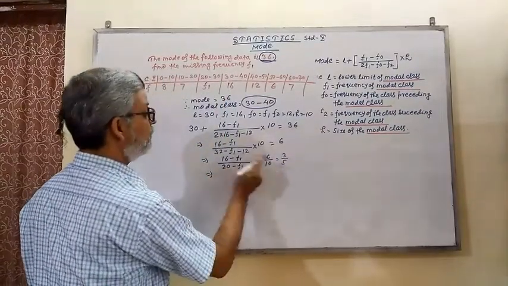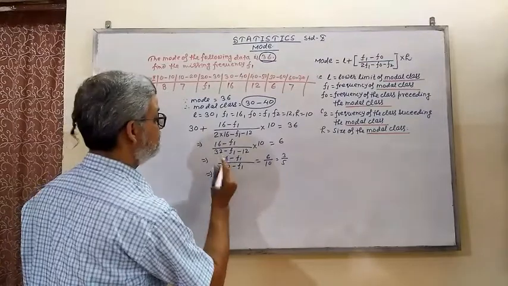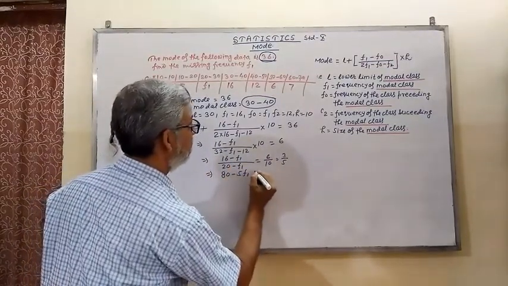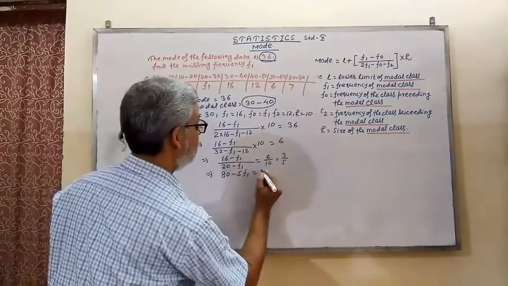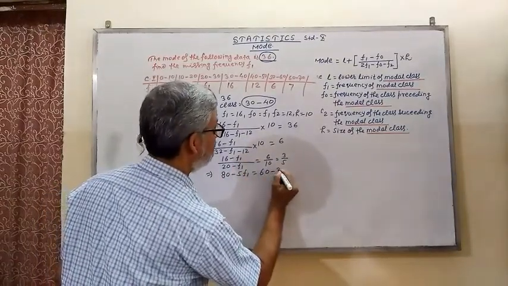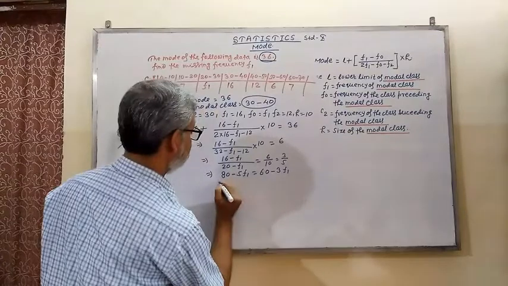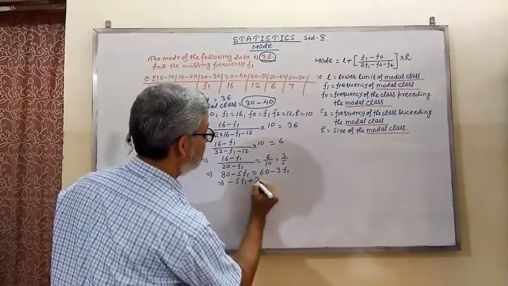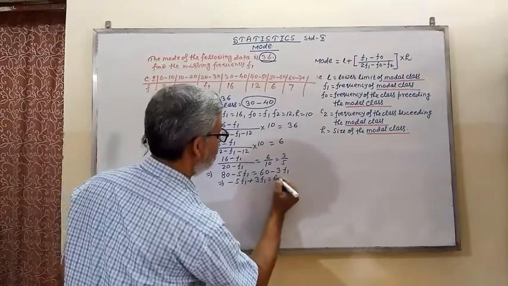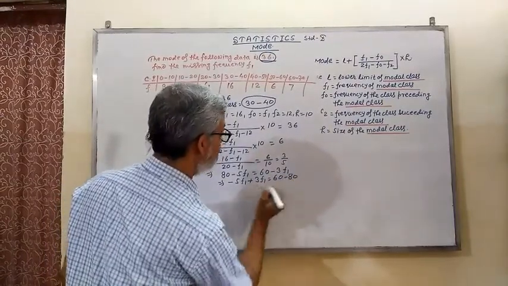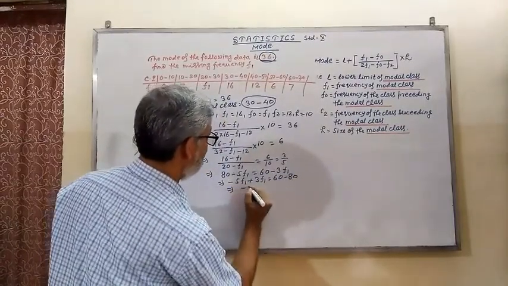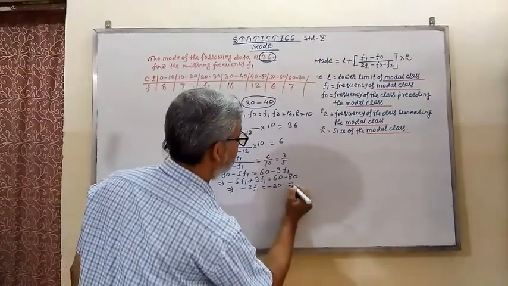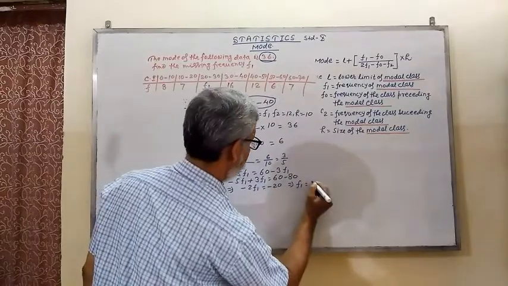Now do the cross multiplication: 5 into 16, 80 minus 5 F1, is equal to 3 into 20, 60 minus 3 F1. So minus 5 F1 plus 3 F1 is equal to 60 minus 80. This implies minus 2 F1 is equal to minus 20. So F1 is equal to 10.